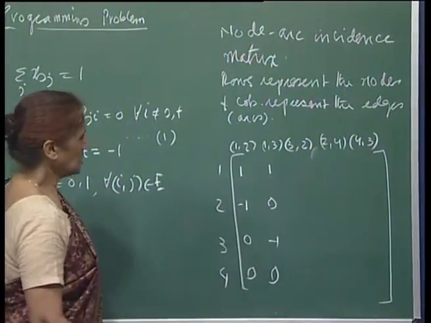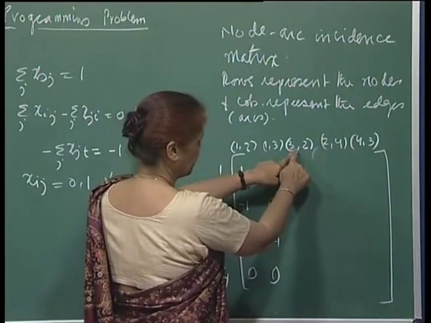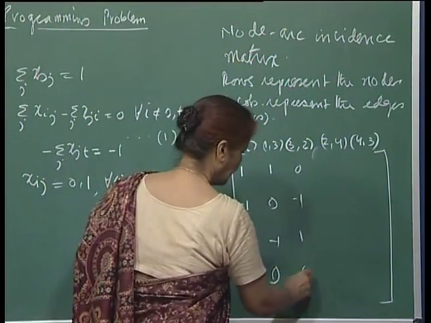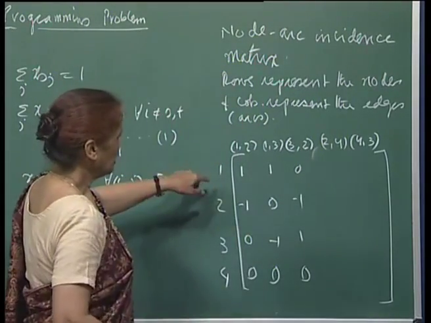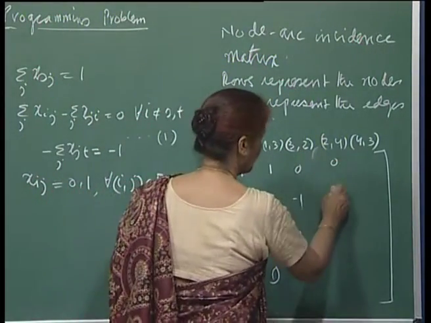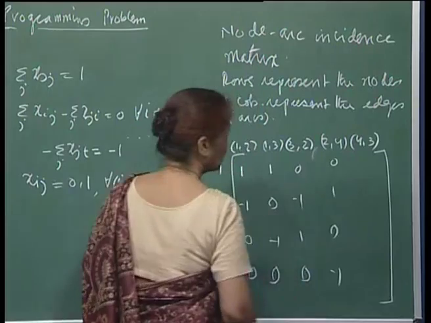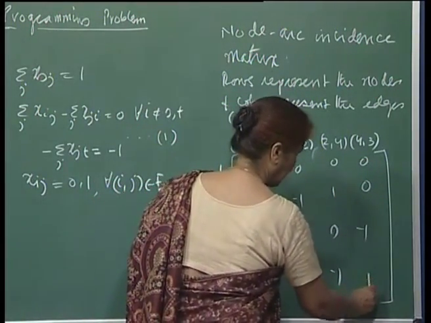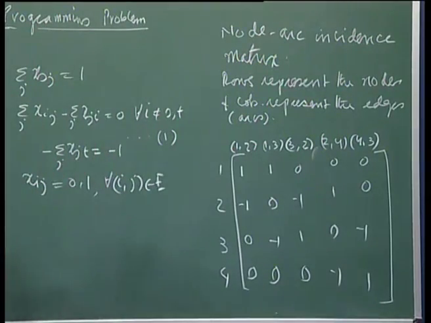Then (3,2): it is leaving node 3 and entering node 2, so this will be 0, -1, +1, 0. And then (2,4) is going to be 0, +1, 0, -1, and (4,3) will be 0, 0, -1, +1. So, this is your node arc incidence matrix.